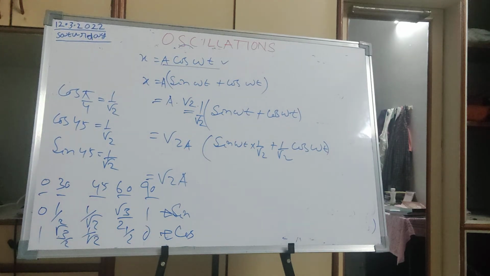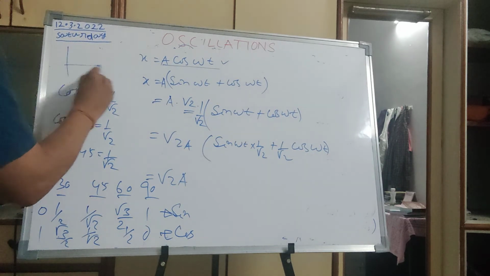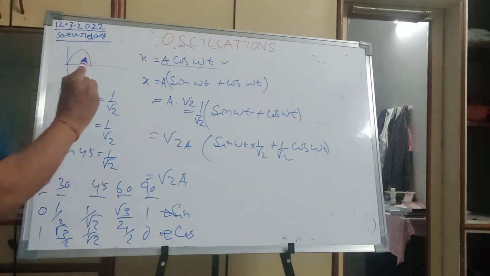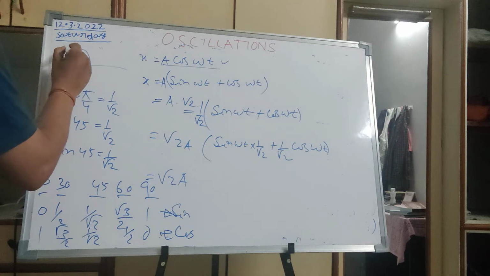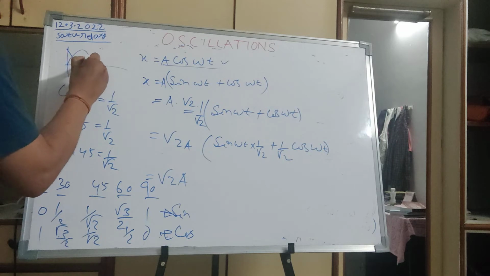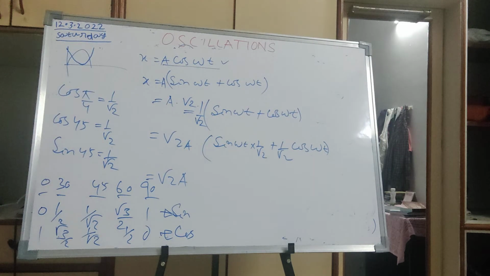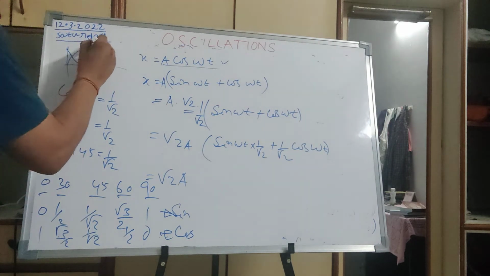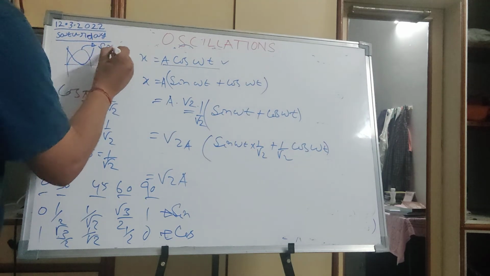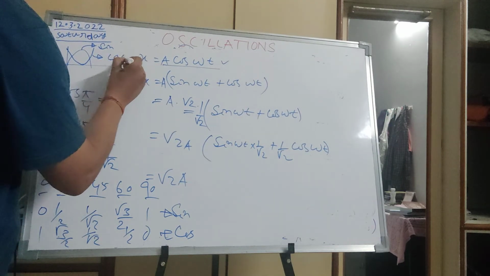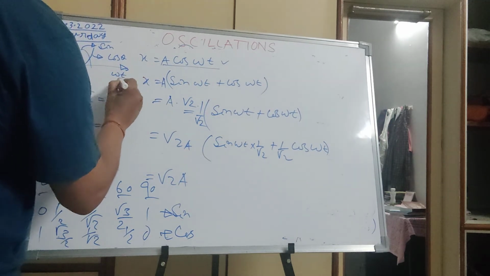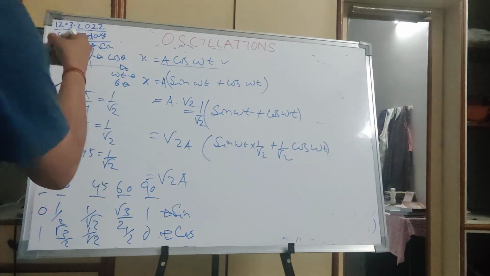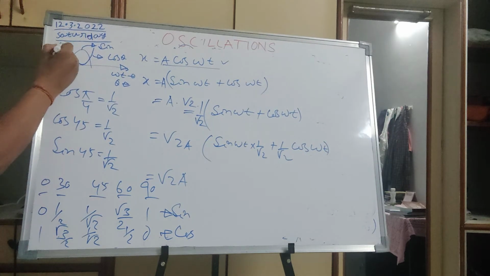So what happens in sine? From 0 to 90 it will become like this. Whereas in cos, this curve at 0 is 1, so it is just the inversion of it. This is sine, this is cos. If you consider this as omega t or theta on the x-axis, on the y-axis it is your displacement.